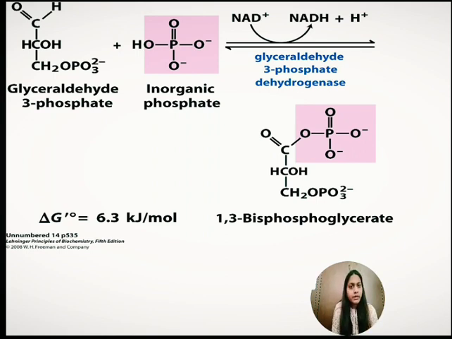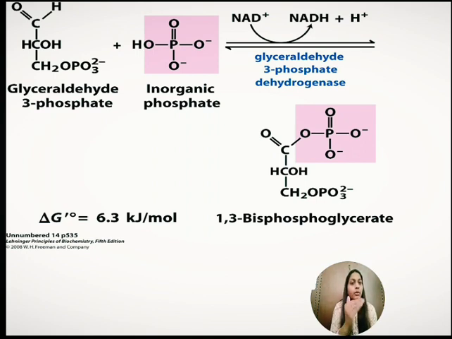In this step, glyceraldehyde 3-phosphate makes use of the inorganic phosphate present inside the cell, and it reduces NAD plus to NADH and proton, giving rise to 1,3-bisphosphoglycerate. As the name suggests, the phosphoryl group taken up from the cell is added at carbon 1.